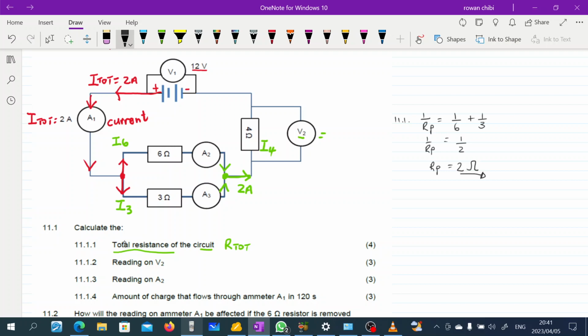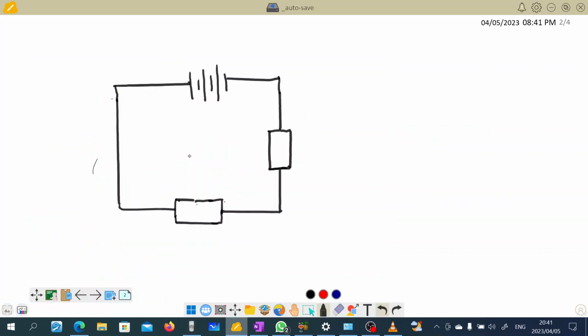Now, the last step to get R total, let me show you a simplified diagram. This is R parallel, and we got R parallel to be 2 ohms. This is that 4 ohm.